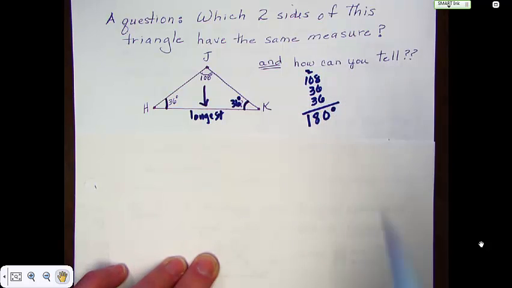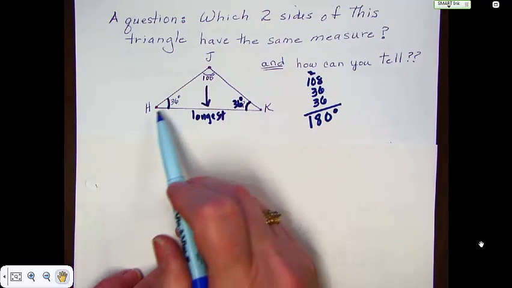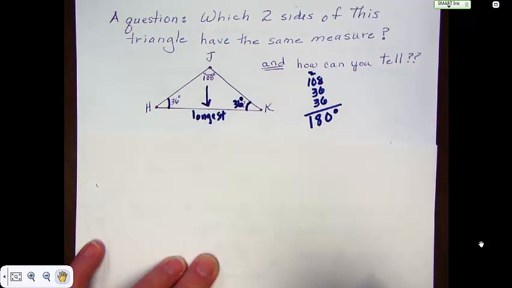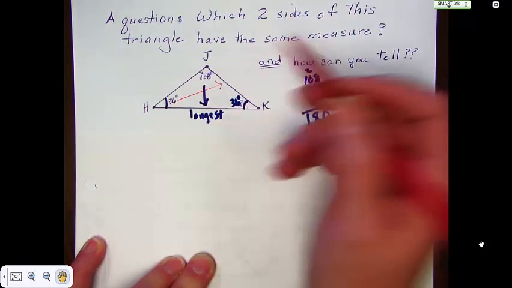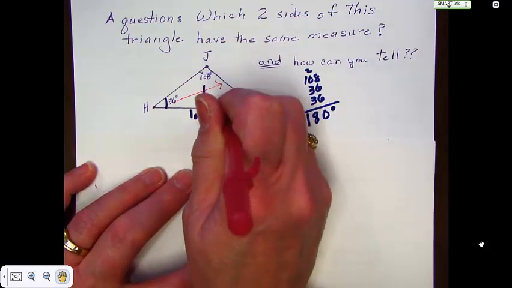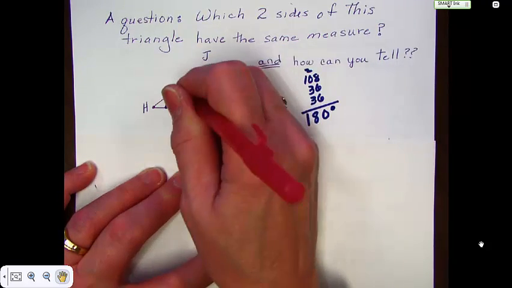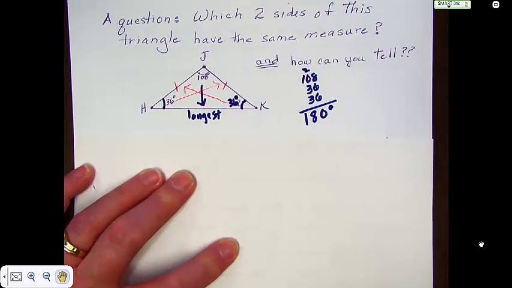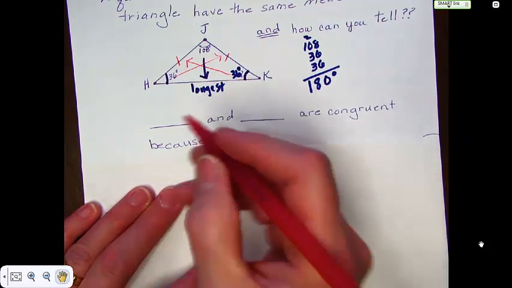So all added up, they are 180 degrees. So this one's 108, this one's 36, this is 36. So that means that this side across from this 36 degrees is congruent to this side across from that 36 degrees. So this one and this one are exactly the same because the angles are the same.